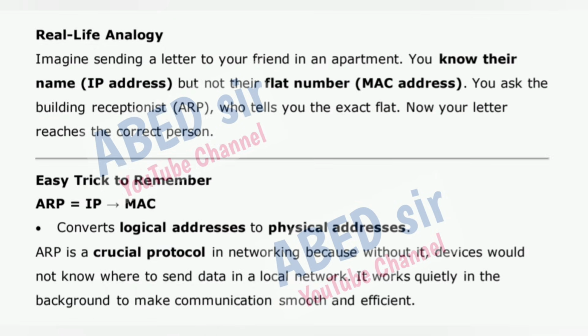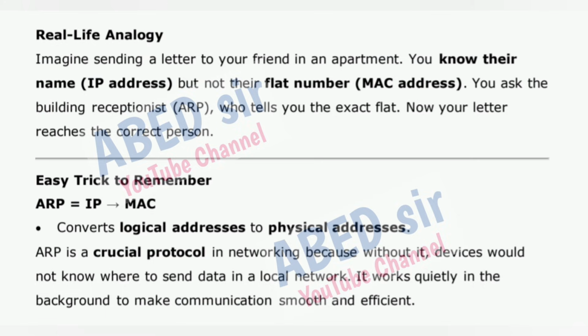Real-life analogy. Imagine sending a letter to your friend in an apartment. You know their name, IP address, but not their flat number, MAC address. You ask the building receptionist, ARP, who tells you the exact flat. Now your letter reaches the correct person.